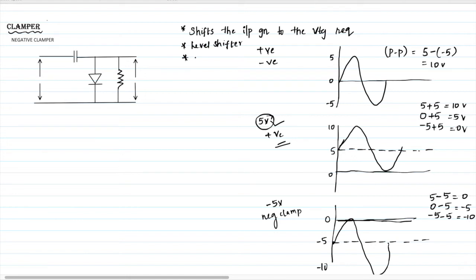So how you can construct this? The easy way of constructing the clamper is just have capacitor, resistor, and diode. So I already told there are two types of clampers. First I'll explain the negative clamper. This is the capacitor, diode, and the resistor. So given input signal.